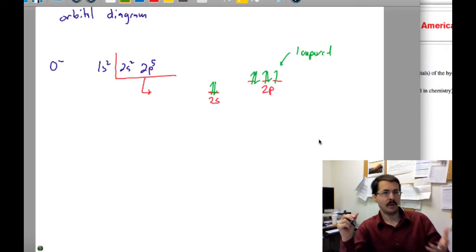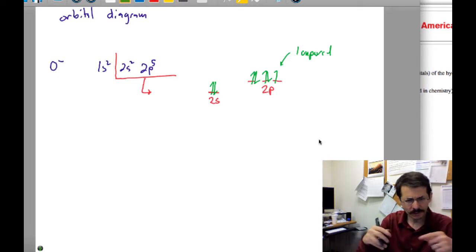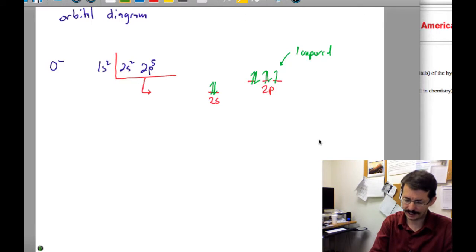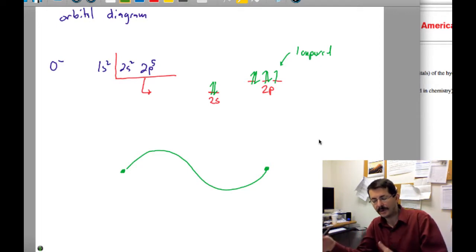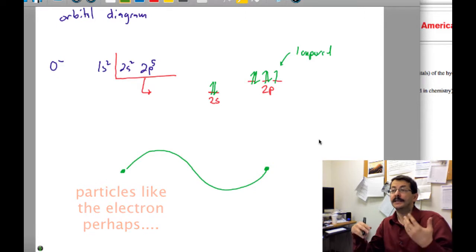Okay, this is how the electrons are arranged. And now let's talk about why. Remember the jump rope example, the standing wave that we had? All right. So it turns out that every particle has wave-like properties associated with it.